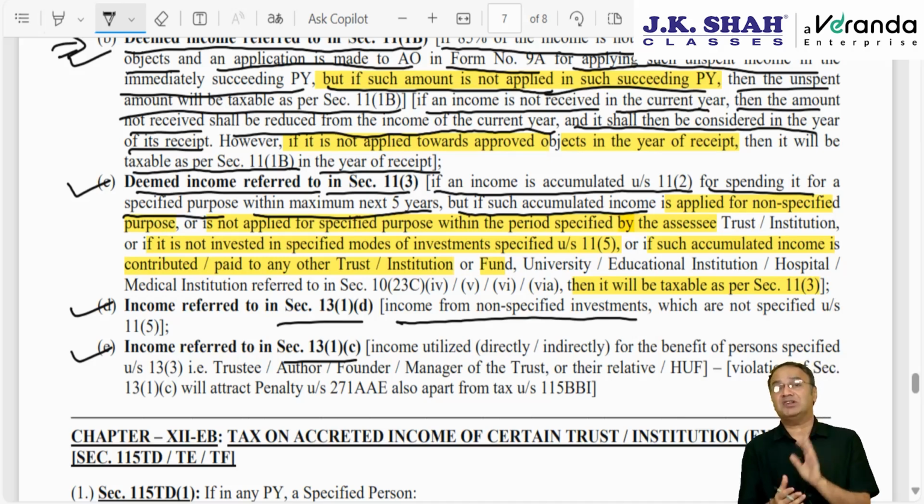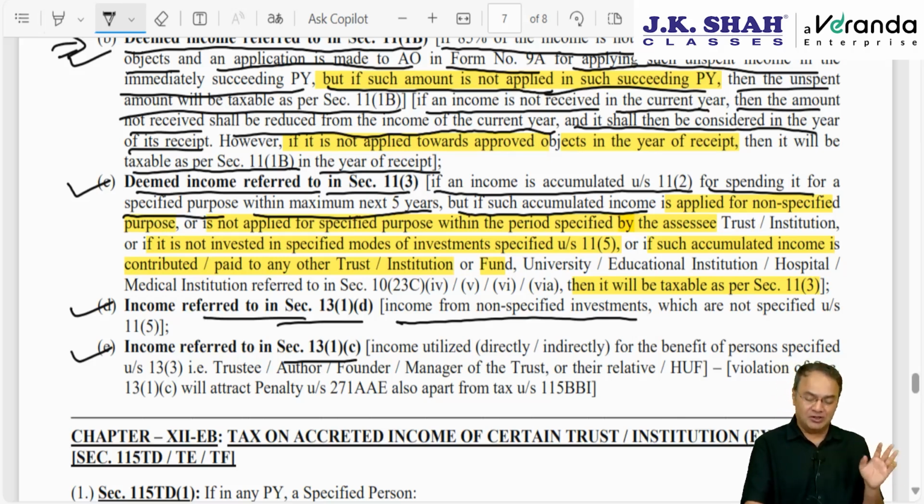You cannot invest in private sector company shares. A trust cannot purchase the shares of Reliance Industries. If done, then what will happen? Then income arising from non-specified investment, may it be dividend income, may it be capital gain income, short term, long term, such income will be taxed at a flat rate of 30%. Even if it is capital gain, it will be taxed not at the specified rate of 10% or 12.5% or 20%, it will be taxed at a 30% flat rate, come what may. That is 13(1)(d). This also we had discussed last session.